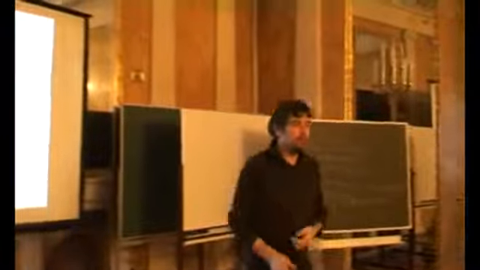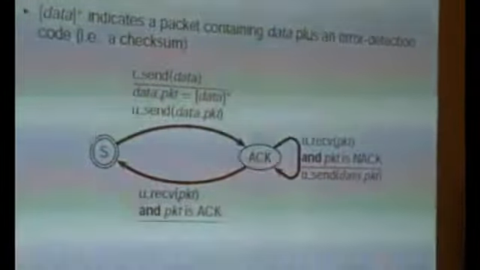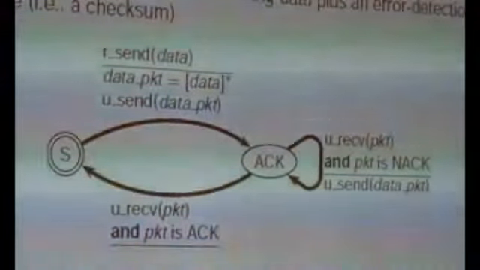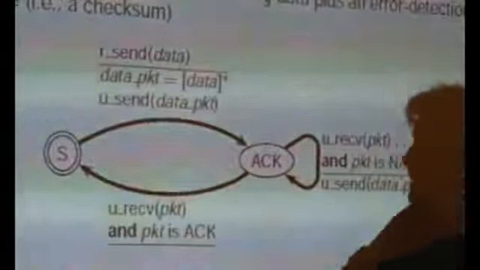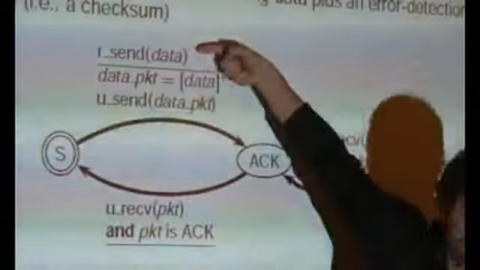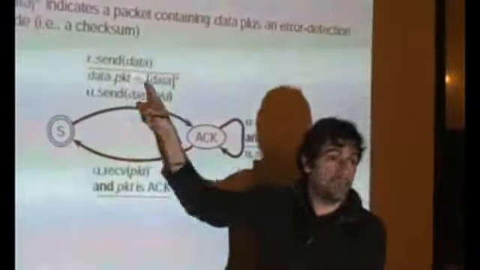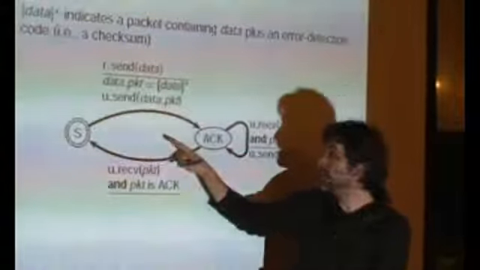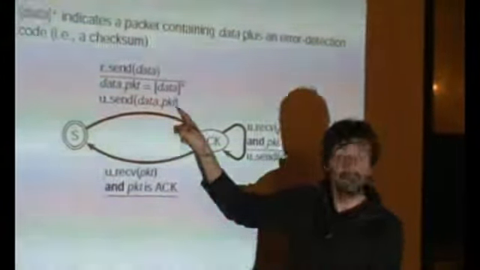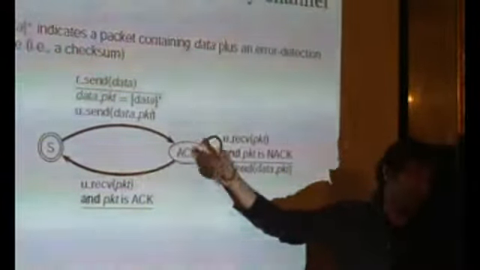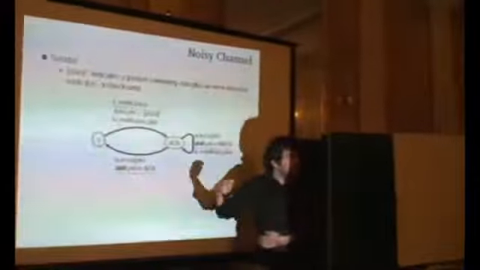So here's a sender algorithm. The sender side of a transport layer that uses this. Okay, it's intuitive. Hopefully, we start from the first state S, and whenever the application tells us to send some data, we create a data packet with the error detection code in it, and then we send it, and we go into this state where, guess what, we're waiting for an acknowledgement from the other side.